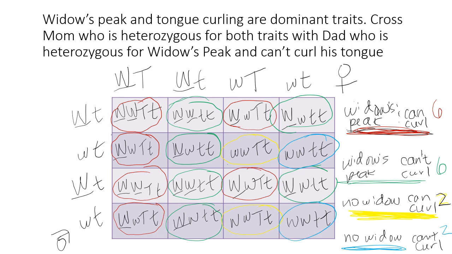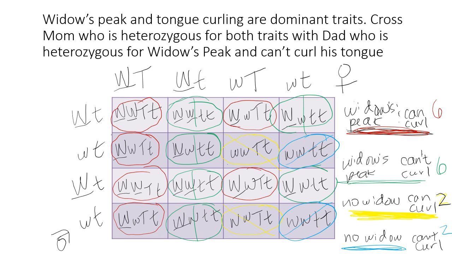Now, if you don't have colored pens, you can also do different symbols. Like I could make a slash mark this way for the yellows, and the greens I would slash a different way, so that you can still see your work.